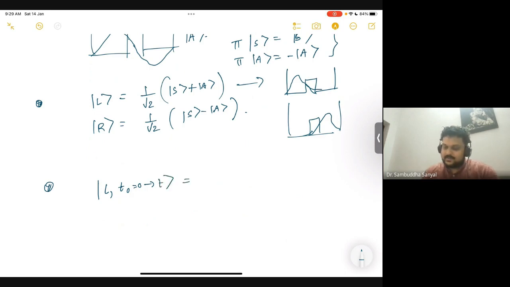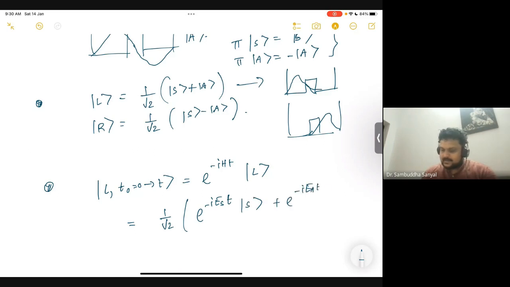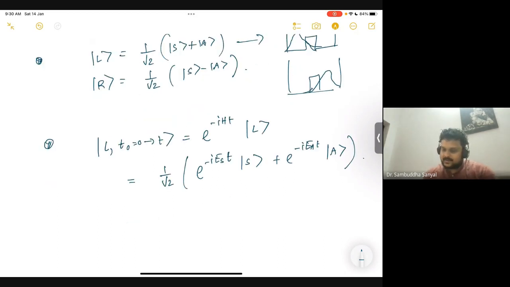We know that we have to apply e to the power minus iHt on L, and this gives me 1 by root 2 times e to the power minus iEst on S plus e to the power minus iEat on A. Now I can polish this equation a bit.